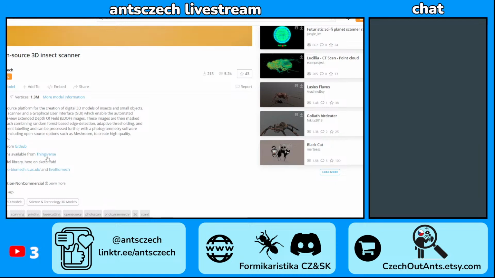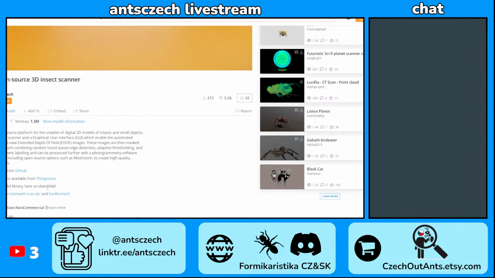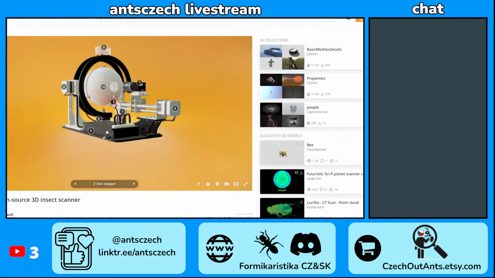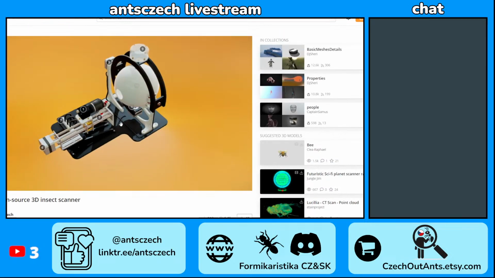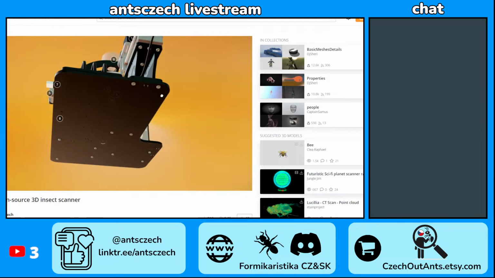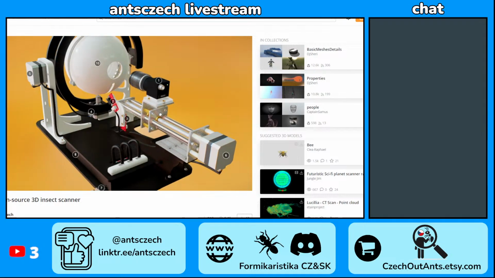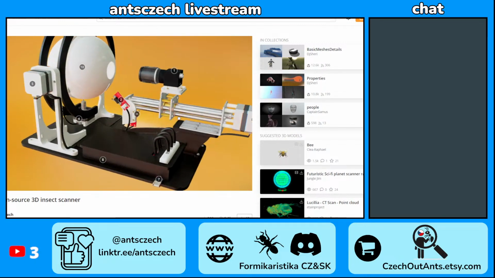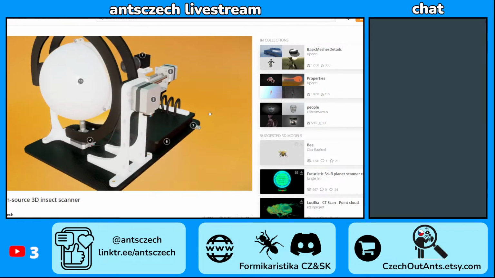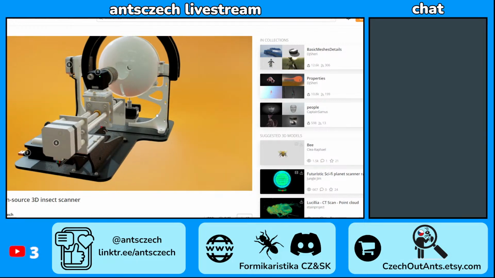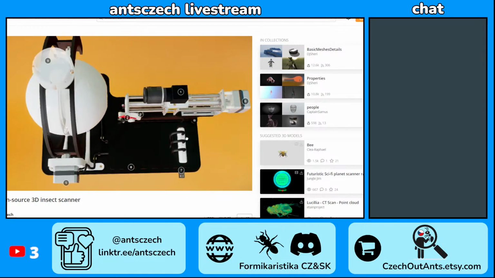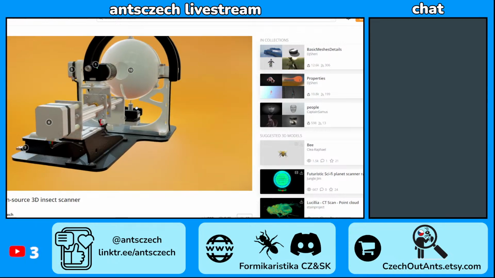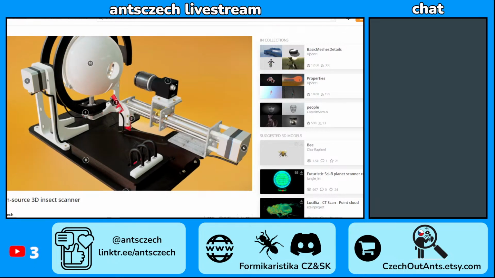All code, building instructions on Thingiverse. I think printing some of the parts would be easy, and then buying the motor, proper camera, lights. How many motors are there? 1, 2, 3?